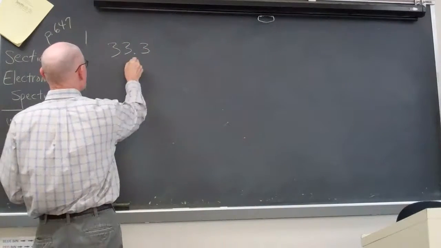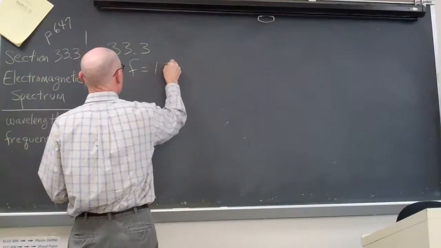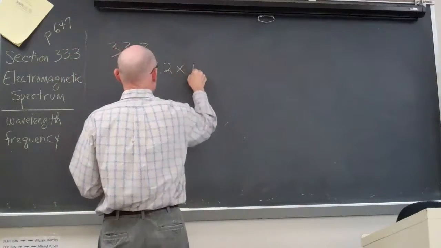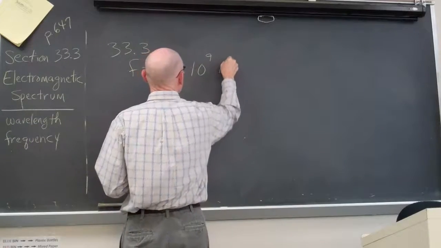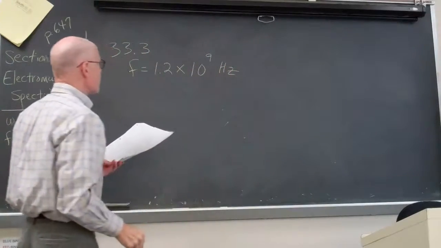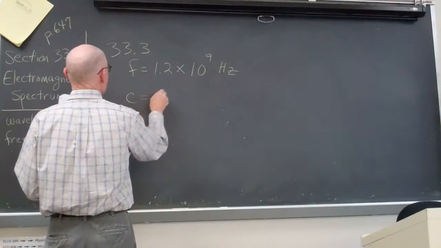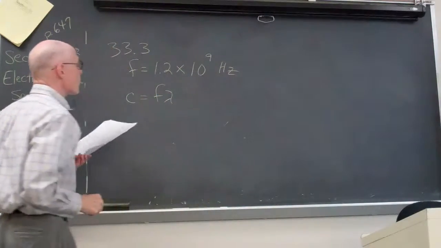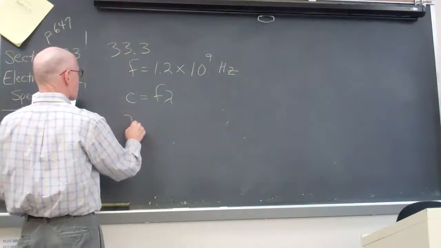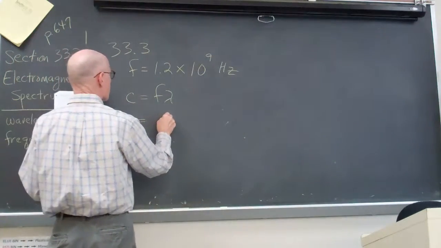So you're given a frequency of 1.2 times 10 to the 9th hertz. Determine the wavelength. So again, the same equation is in play. Manipulate the equation to solve for wavelength.